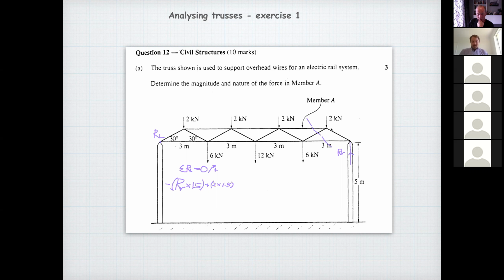And 10 minutes later, you've found the right reaction, so that you can take moments about this point here, and then you can find the force in that member. But it's taken 10 minutes, or 5 minutes or whatever, to find this reaction.